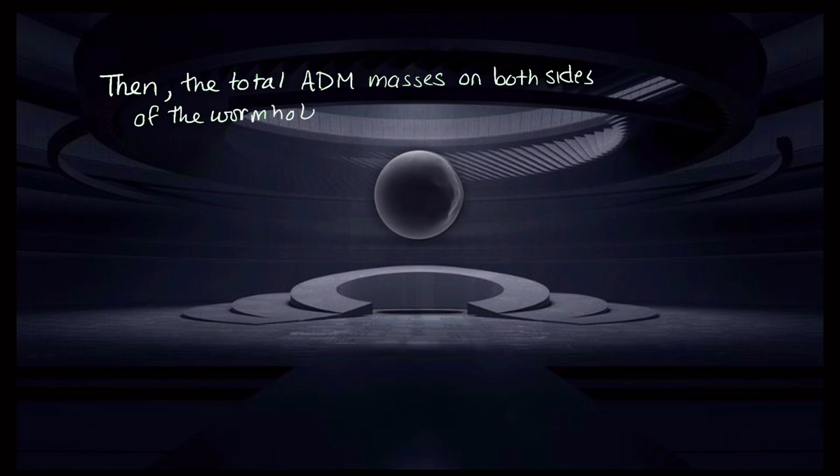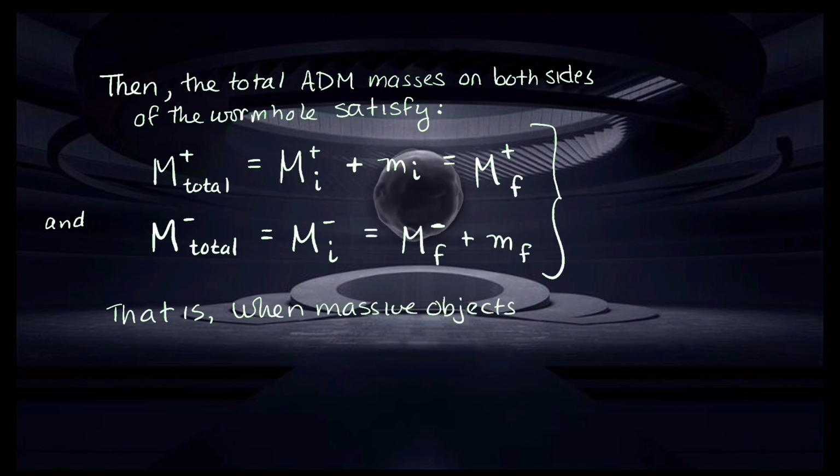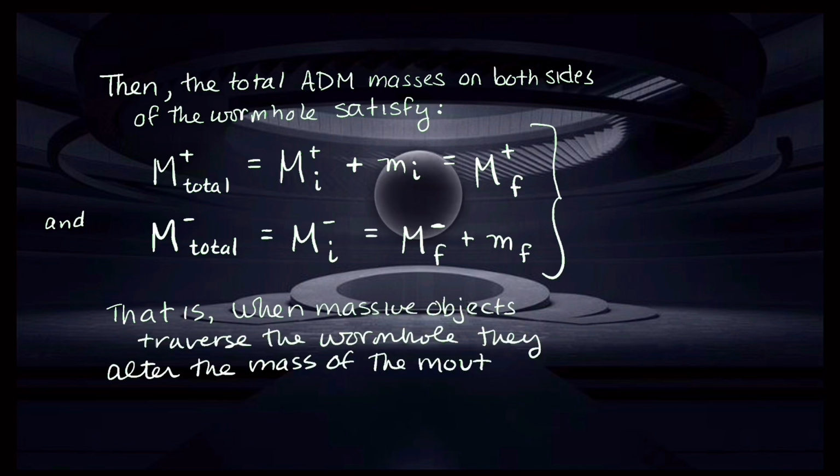The total ADM masses on both sides of the wormhole satisfy the following equations. In the plus universe, the total mass is given by the initial mass of the wormhole plus the test initial mass, and that's going to equal the final mass in the positive universe, and one can follow a similar reasoning for what happens in the exiting universe.